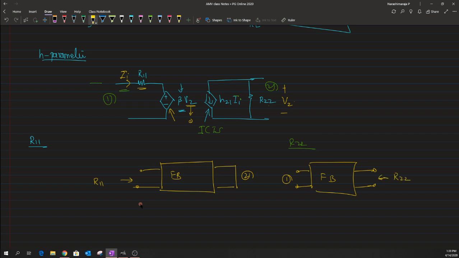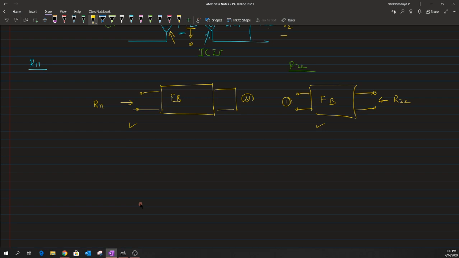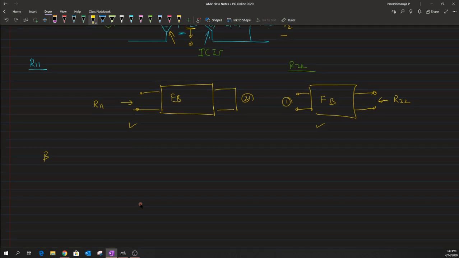The normal procedure of calculating the impedance remains the same, which is basically apply Vx and measure Ix, so that the ratio of Vx by Ix will give us the resistance. That applies for both these calculations as well. Having done all these things, the one parameter yet to be computed is the factor of beta.